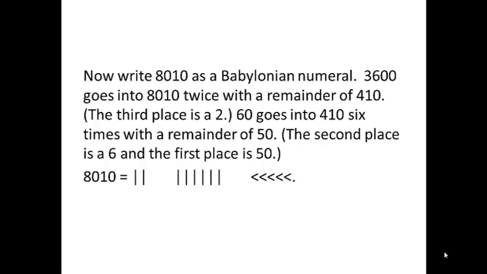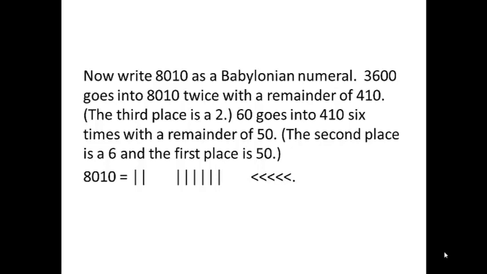Now to go the other way, suppose we want to write 8,010 as a Babylonian numeral. Well, how many 3,600s are there? 3,600 will go into 8,010 twice, with the remainder of 410. Now this means we're going to have a 2 in the third place, 2 3,600s.